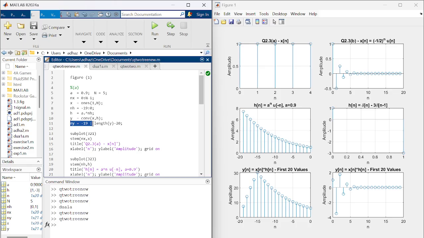It just sees a list of numbers. Because our signal h[n] starts at negative 19 and our signal s[n] starts at 0, the law of convolution tells us that the result y[n] must start at negative 19 plus 0, which equals negative 19. We manually create the n_y vector to realign the math and the graph.